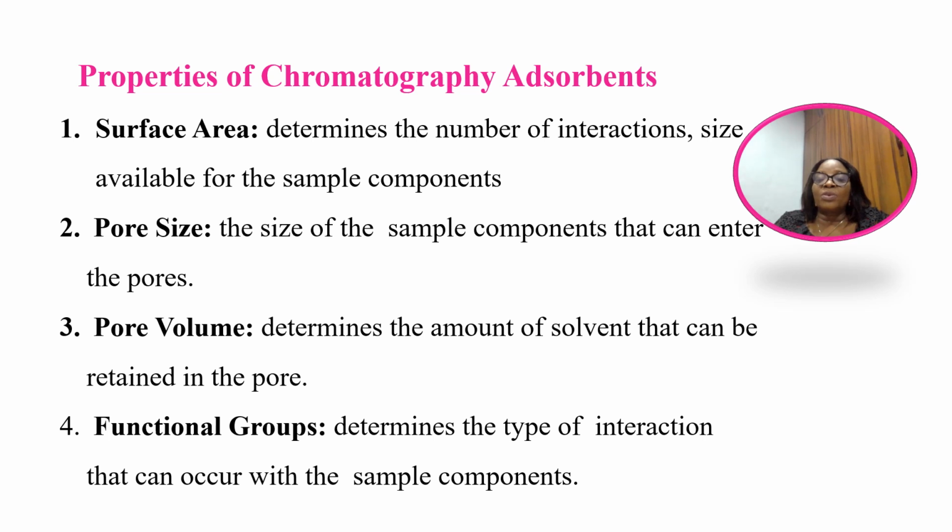Adsorbents with small pores are suitable for separating small molecules, while adsorbents with larger pores can separate larger molecules. The pore volume is another important characteristic. The pore volume of an adsorbent determines the amount of solvent that can be retained in the pore. Adsorbents with high pore volume are generally more efficient in separating complex mixtures.